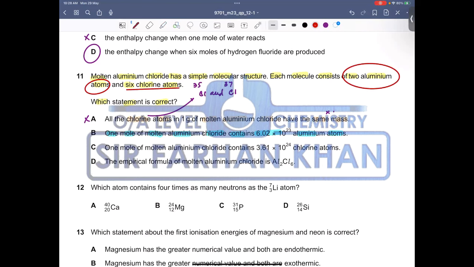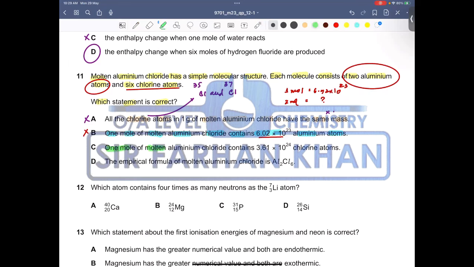So if we have 2 aluminum atoms, let's talk about this. 1 mole equals 6.02 times 10 to the power 23. Since we have 2 moles of aluminum atoms, it's going to be greater than this one, right? So it needs to be times 2. It needs to be times 2. So again, it is incorrect. Let's talk about the other option.